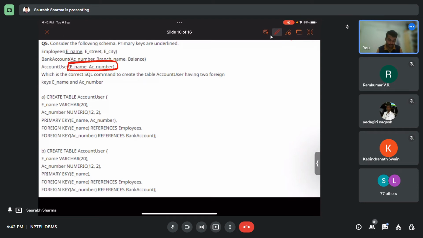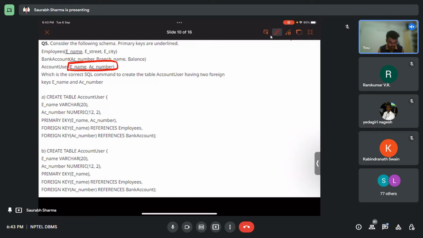So E name and AC number combined will create the primary key of account user, due to the property of this foreign key. Now we will go through the options one by one. It is a single option correct question.